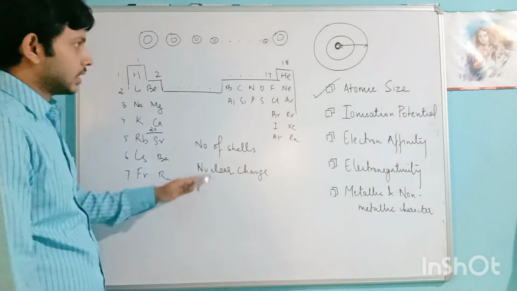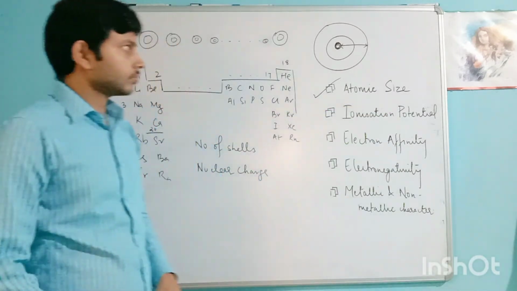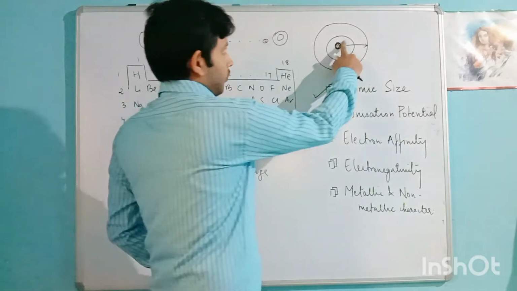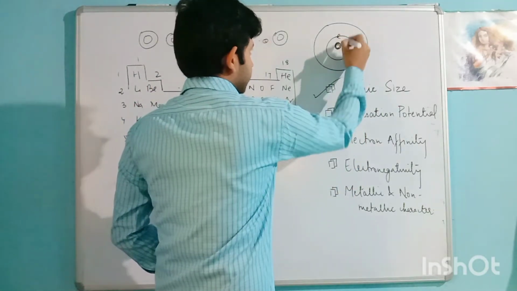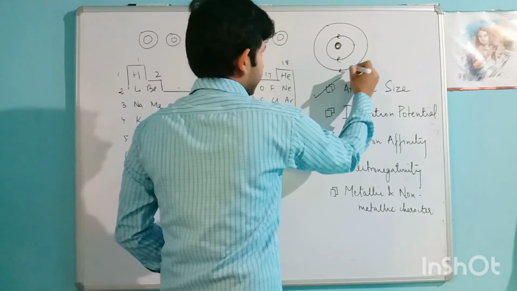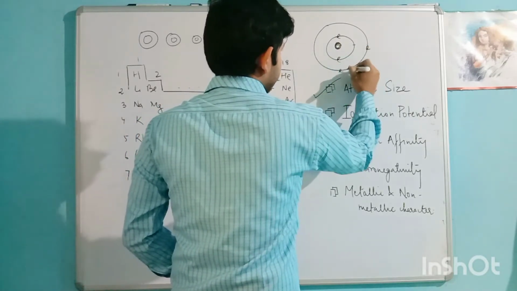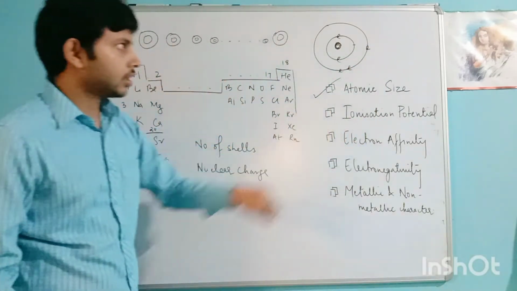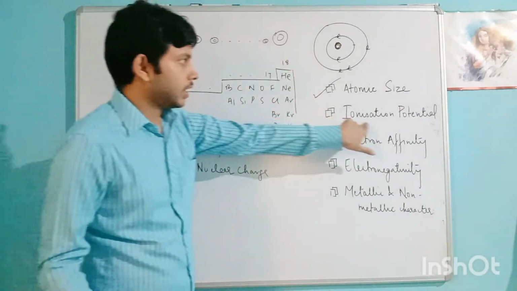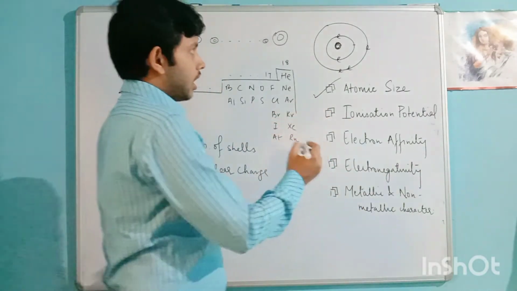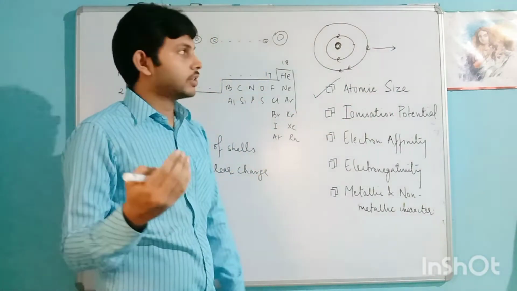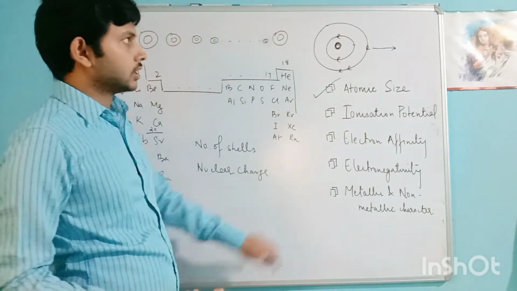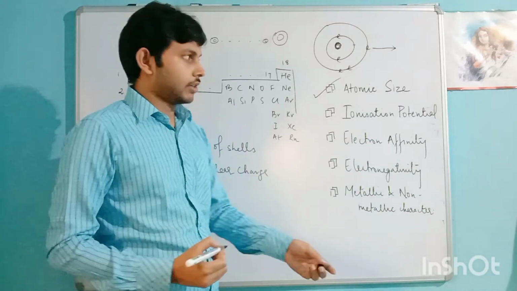Okay, so this is atomic size. Now whenever an electron is removed, or whenever you require to remove an electron, some minimum amount of energy is required.